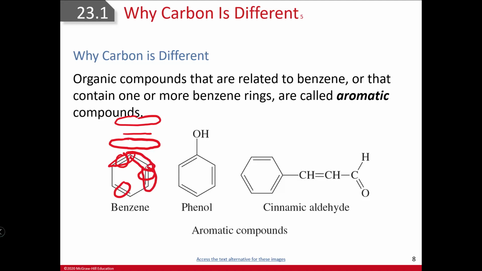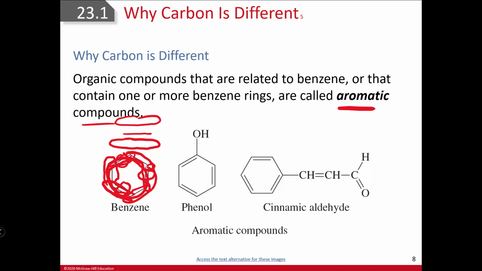And this group of compounds, they're cyclical compounds, but specifically these type of compounds where the electrons can freely go around these pi bonds are called aromatic compounds. So the way we show aromaticity is you can show the bonds like this.